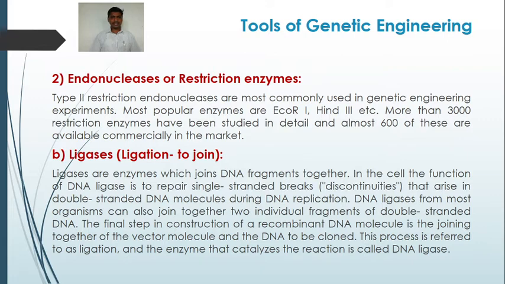During genetic engineering, a DNA fragment from a source organism has to be ligated to the vector DNA for its introduction into the other organism where we want the desired character. To perform insertion of the DNA into a suitable vector, such two DNA fragments are joined together by means of the enzyme ligase. So ligases are the enzymes which join DNA fragments together.